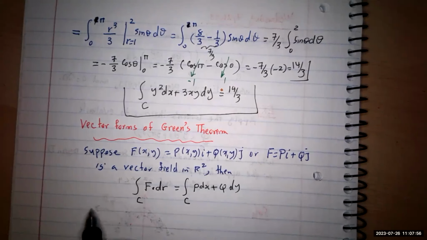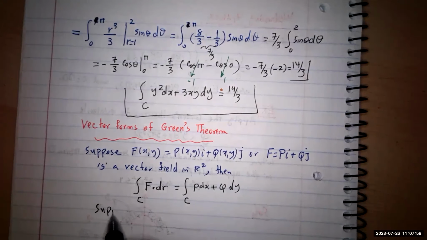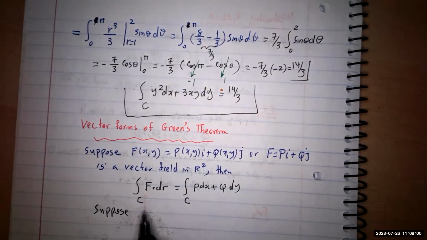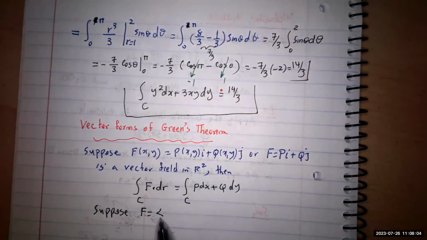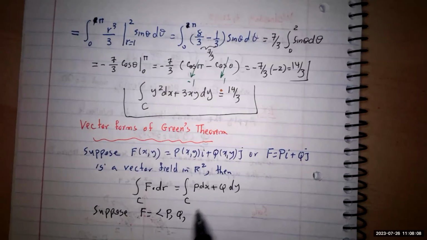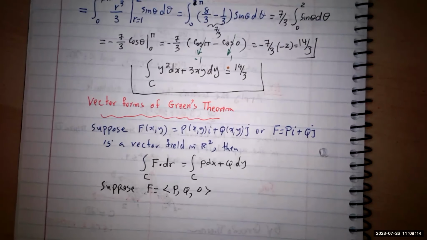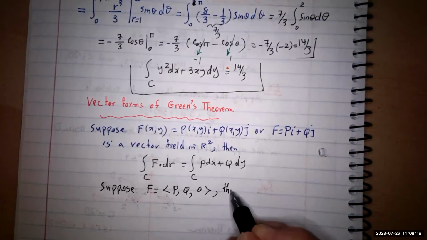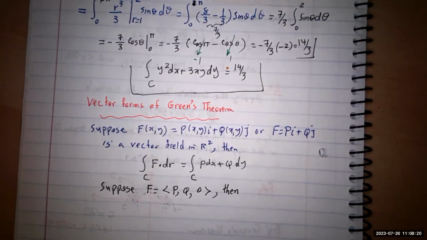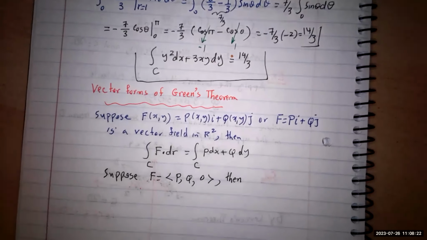This is what would happen in the future. In this part I can have the P and a Q. If I want to extend this to three dimensions, I can take the third function to be 0. Then, since it's a function of three variables, I can find, remember the curl of a vector field?